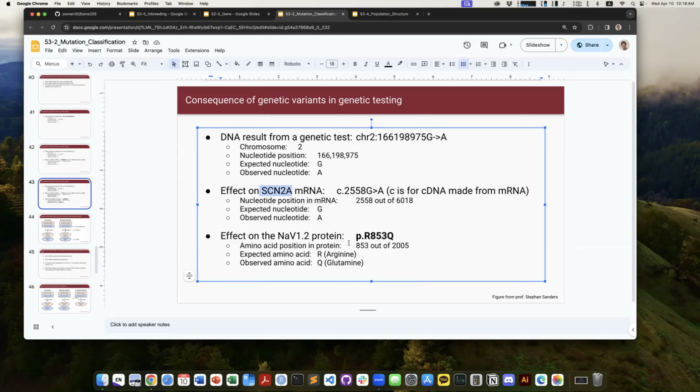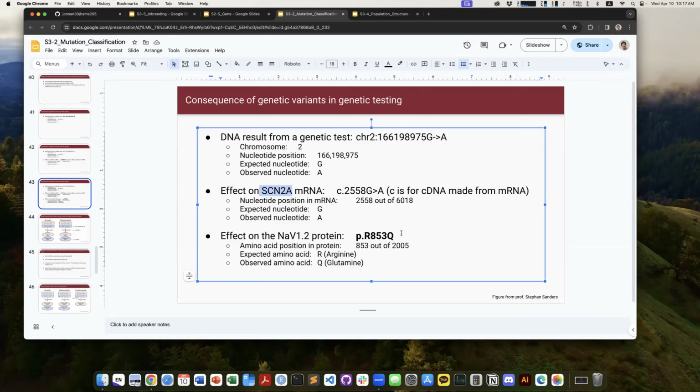In this case, we are looking at the protein level. The mutation happened at position 853 out of 2,005 amino acids on the protein, so these numbers are the number of amino acids in the protein, right?